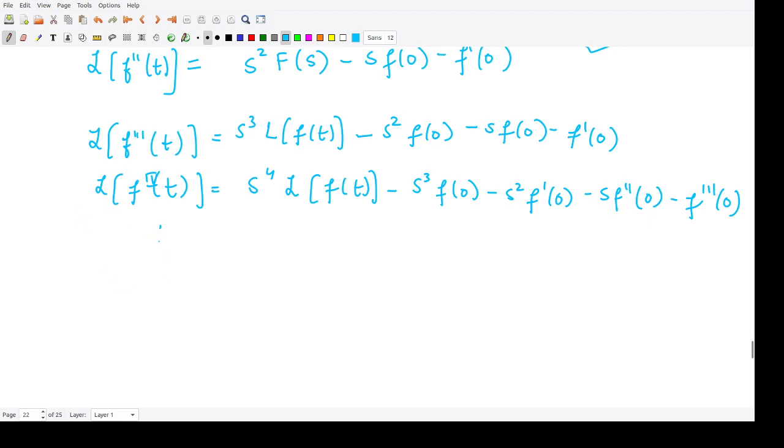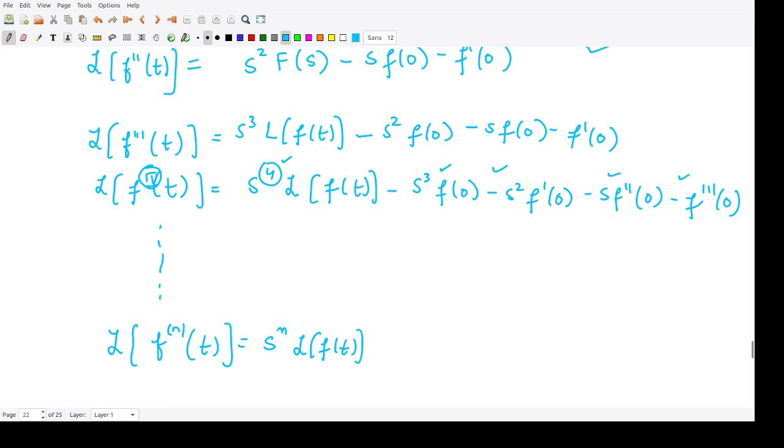Finally we reach the Laplace transform of the nth derivative of f of t. Generalizing, if you have the fourth derivative you have the power 4, so we would have s to the power n, the Laplace transform of f of t, and then the powers of s go on decreasing: power 4, power 3, power 2, power 1, power 0. So we would have minus s raised to power n minus 1, f of 0, then minus s raised to power n minus 2, f dash 0, and minus so on, right?